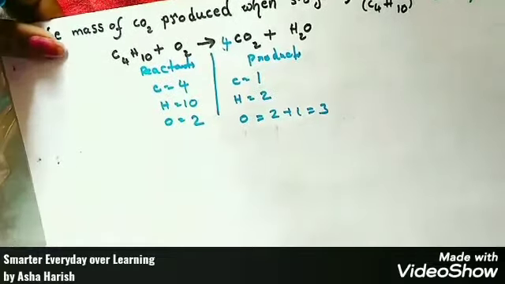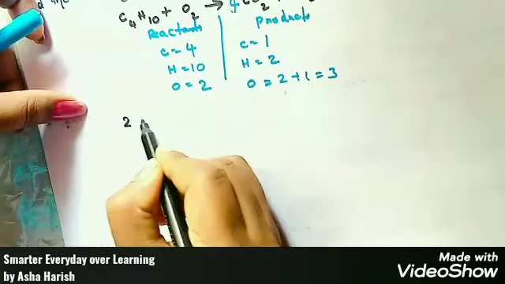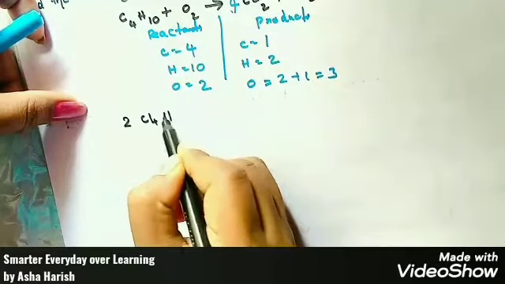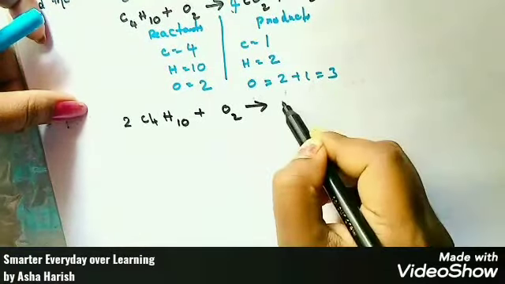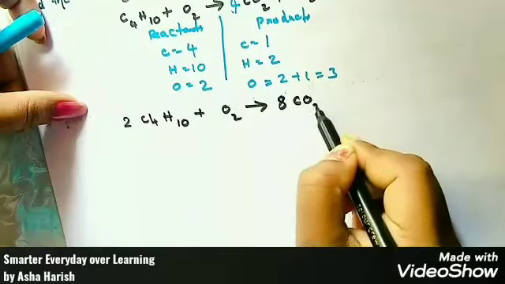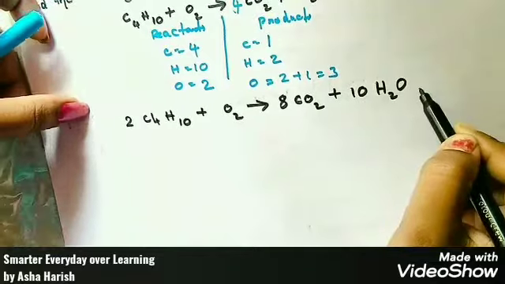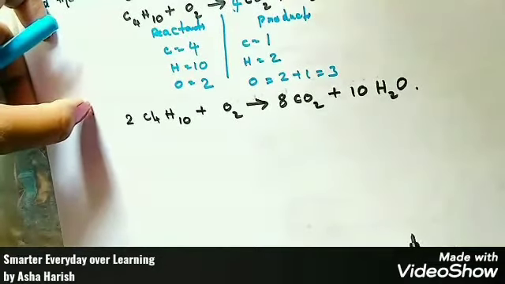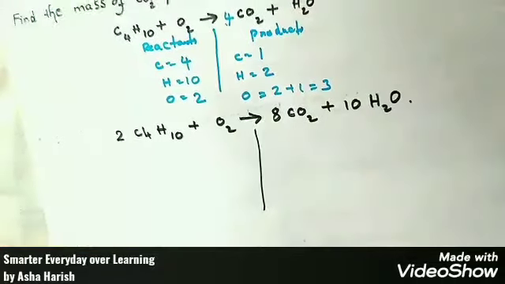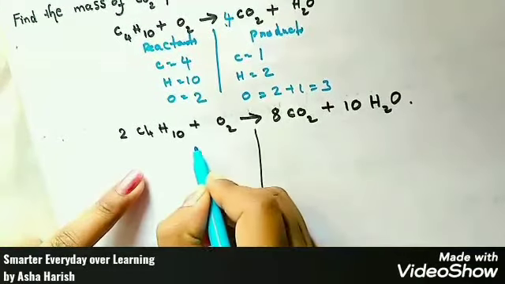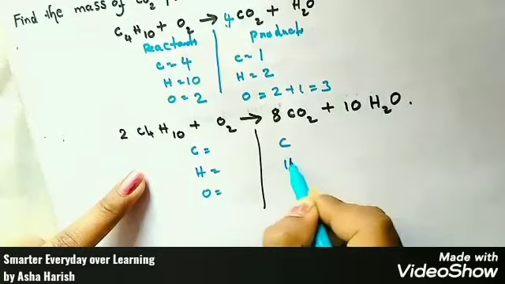So, if you write the chemical equation like this, C4H10 plus O2, and if you place here 10H2O, then students, now we can count as previously. We can count carbons, hydrogens and oxygens.